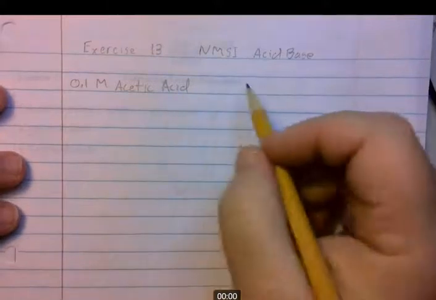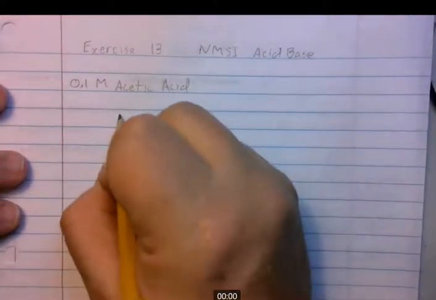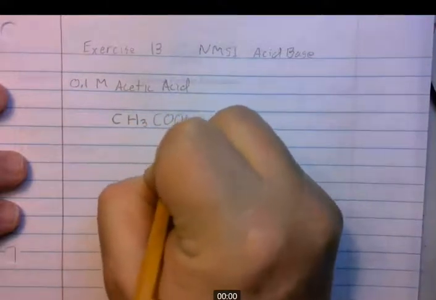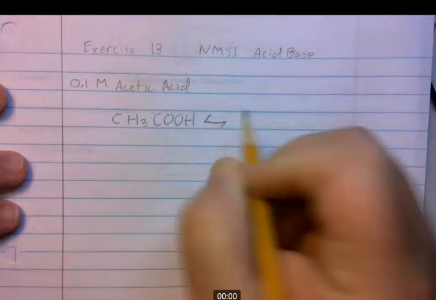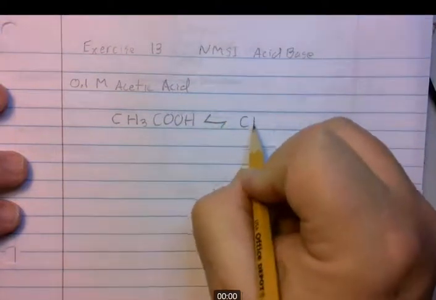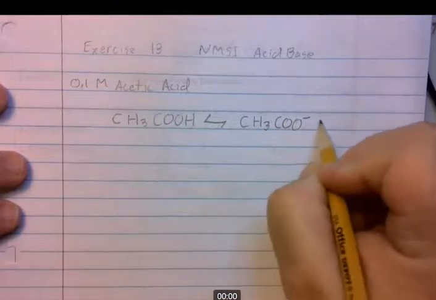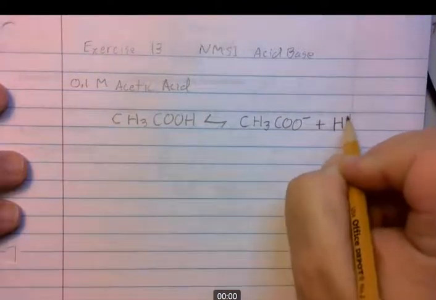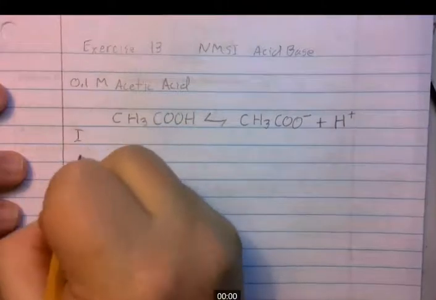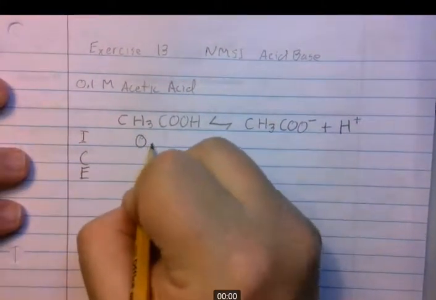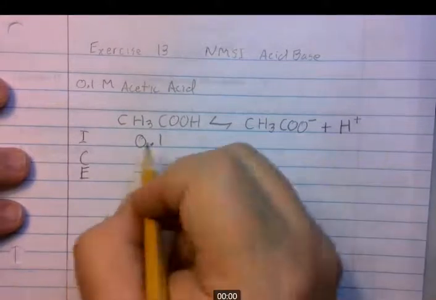All right, so let's write the equation. Always write the equation and then just turn it into an ICE table. So it's CH3COOH, double arrows, and I'm doing it kind of fast to show you how quick this works, how quick you'll be able to do these when you practice them, okay?